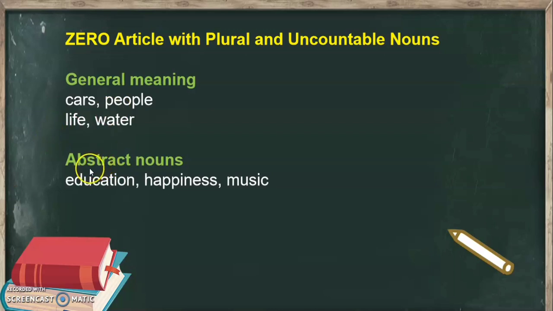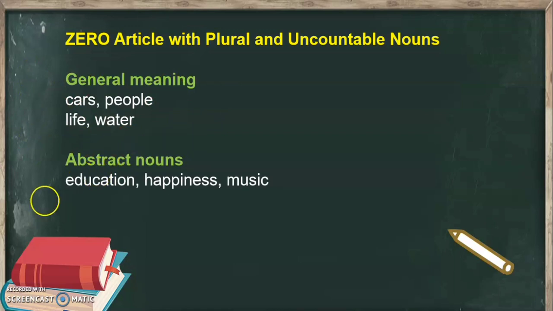Also, we use it for uncountable nouns such as life and water. We cannot count life, we cannot count water, so therefore we don't need an article for that. Although in some instances we can.